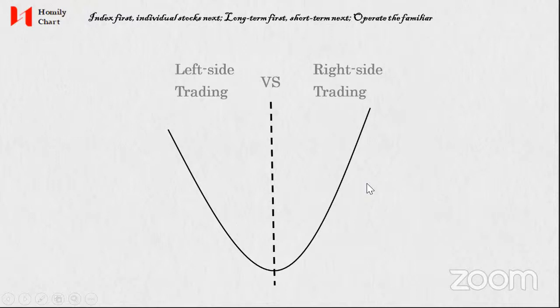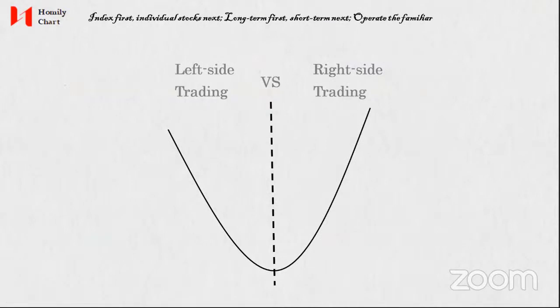Left side trading and right side trading is based on the low point for a certain period. Maybe it's a medium-term bottom or even a long-term bottom. On the left side of the bottom, we call it left side trading. Right side of the bottom, we call it right side trading, right? So it's very easy to understand.